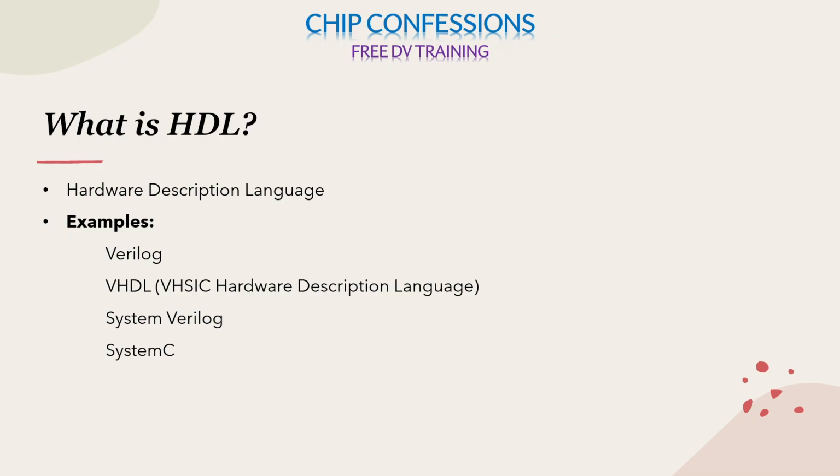So HDL stands for Hardware Description Language, and the examples are Verilog, VHDL, System Verilog and System C. Verilog is widely used in the industry, and VHDL is used but still restricted to domains such as aerospace, defense and FPGA projects. System Verilog is also getting popular nowadays because of its enhancements over Verilog, and System C is mainly used for high level modeling rather than synthesis.